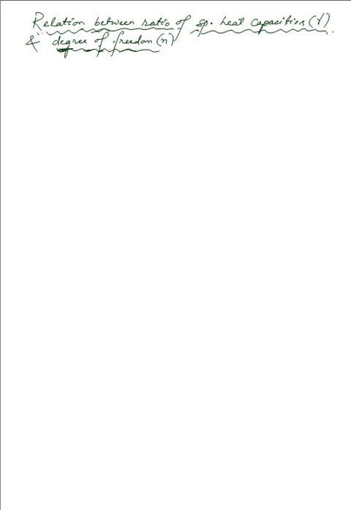Now, as far as the equipartition of energy is concerned, we had obtained the expression for the internal energy of a system of gases, and that being equal to N over 2 times RT, where N is again the degree of freedom.